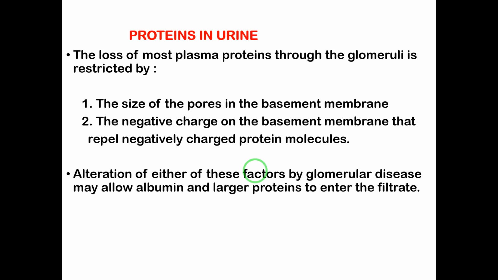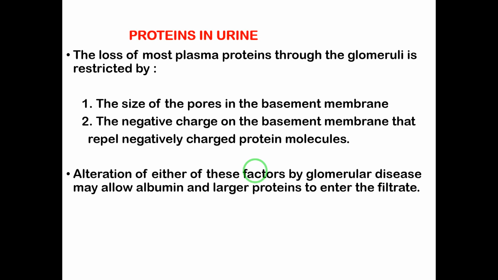The second thing that prevents protein from passing through the glomerular membrane is that the basement membrane is negatively charged, and the proteins are also negatively charged, so there is repulsion between the two that prevents the protein from passing through the glomerular membrane.